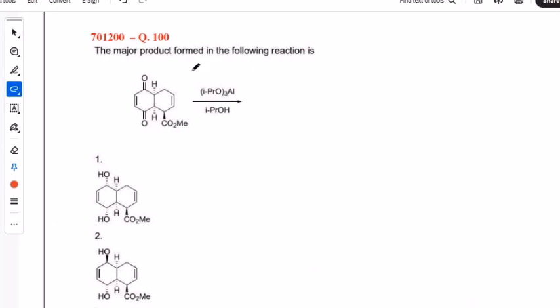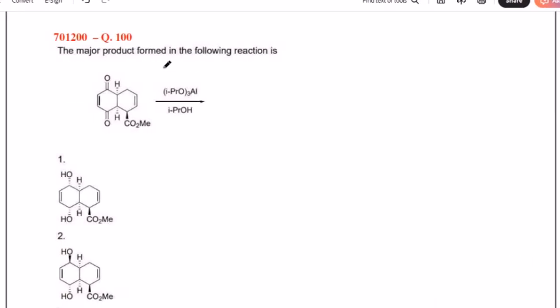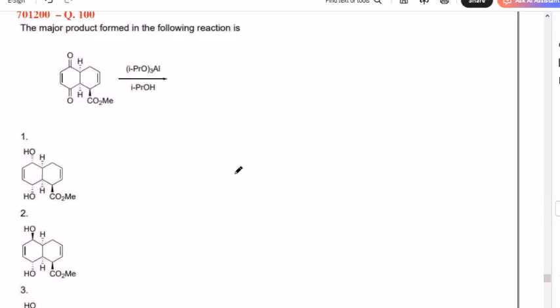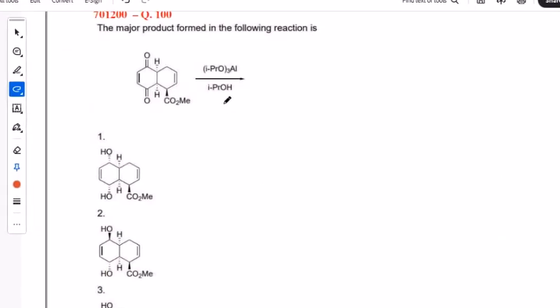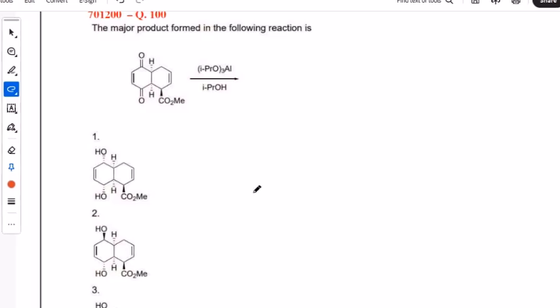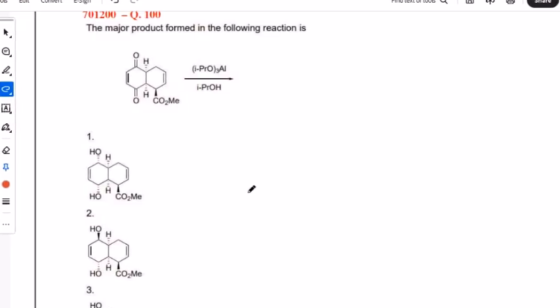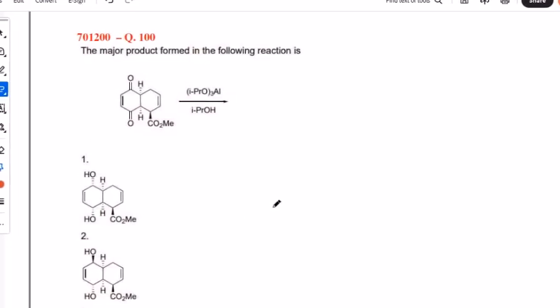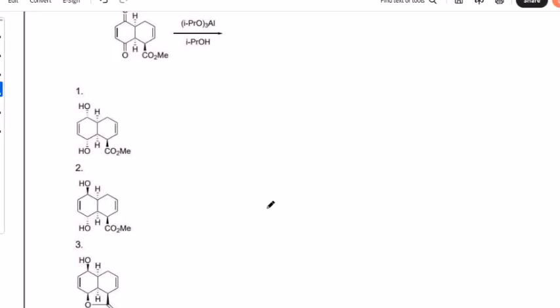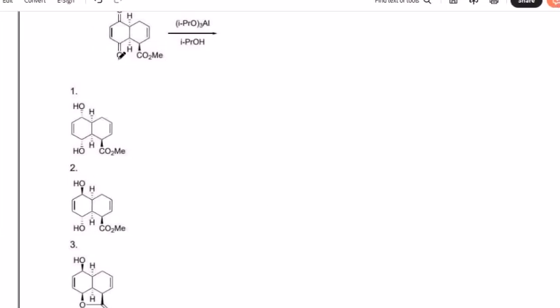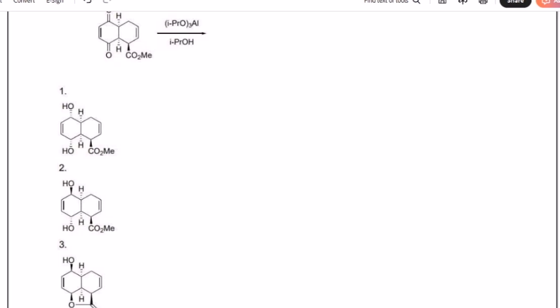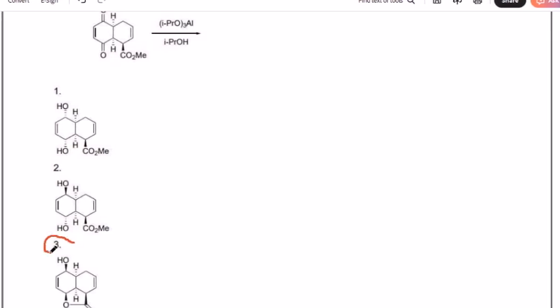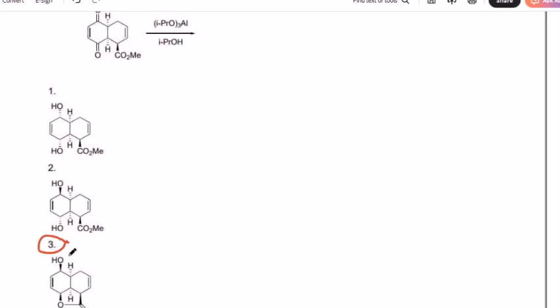Next, question number 100, the major product formed in the following reaction is... aluminum isopropoxide in IPA. What is going to happen? Yes, reduction is going to take place. So the correct option for this question is... this is an ester and an alcohol in the presence of isopropoxide, so esterification takes place to give a cyclic ester, a lactone.